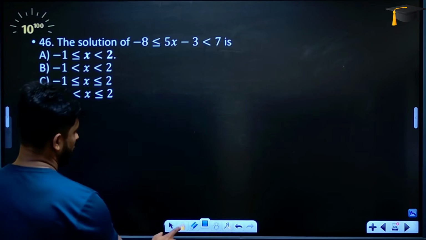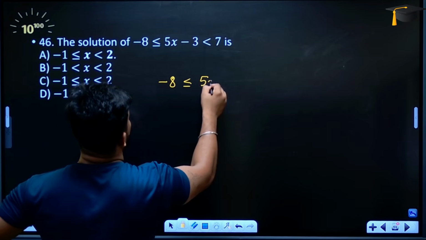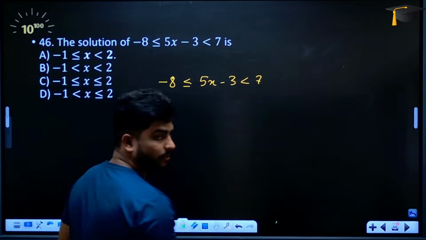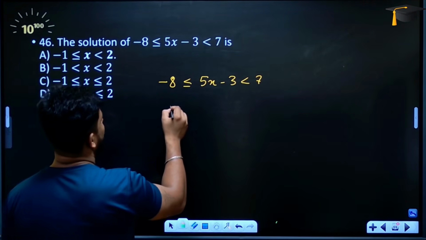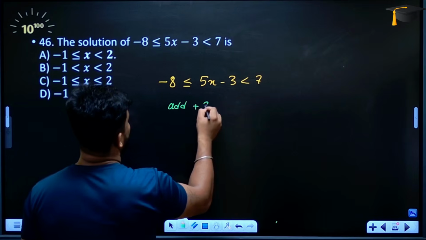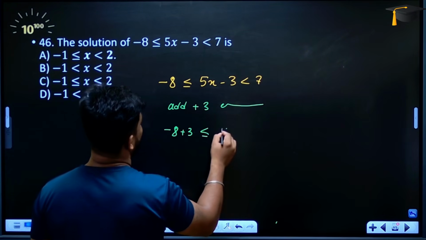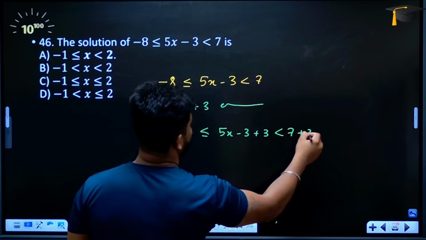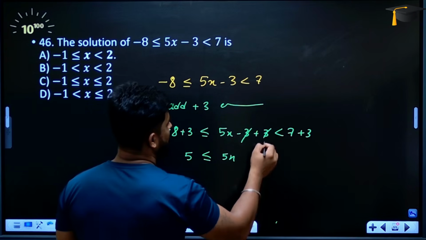So this one: minus 8 less than or equal to 5x minus 3 less than 7, right? You just have to remove all these extra stuff inside x. First minus 3, add plus 3 everywhere. So it is minus 8 plus 3 less than or equal to 5x minus 3 plus 3 less than 7 plus 3. This is minus 5 less than or equal to 5x less than 10.